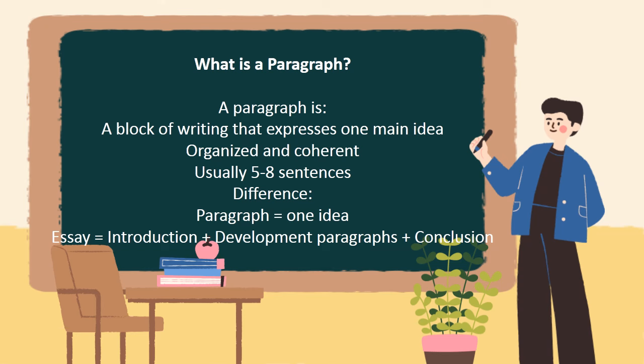In the previous lesson we have mentioned the difference between a paragraph and an essay. We have said that a paragraph is one block, however an essay contains so many paragraphs. It contains the introductory paragraph, the developmental paragraphs, and the conclusion. We mentioned that the introduction includes the first sentence, which is the hook. We said that it should be attractive to attract the reader's attention to carry on reading the full text.